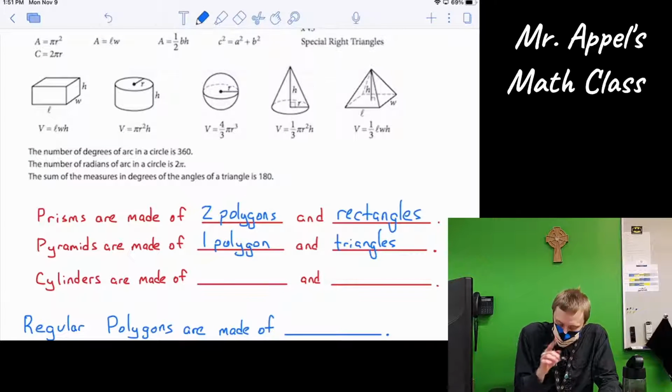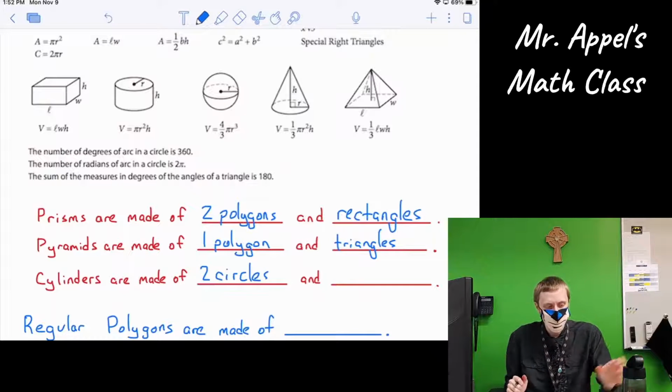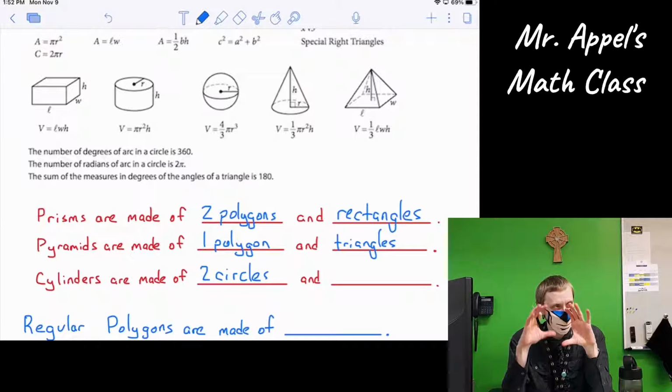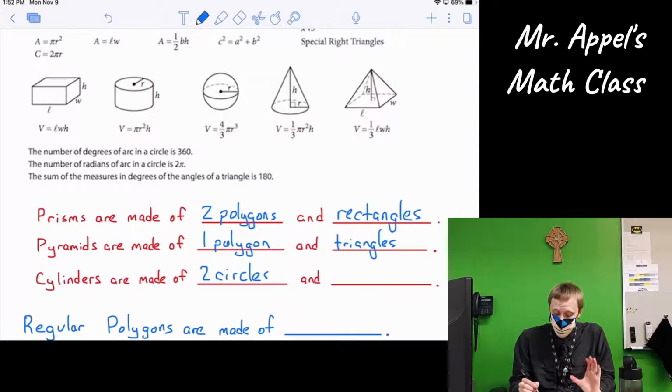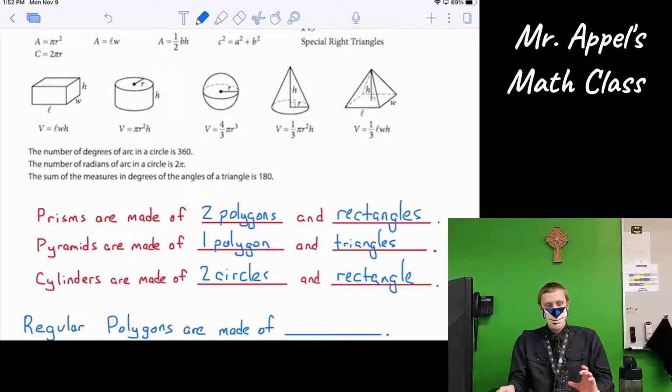Cylinder is a little bit trickier. Cylinder, you have the 2 circles, top and bottom, or end to end, right? But then what goes around, remember soup can label. You peel that piece of paper off, you end up with a rectangle. But here's the catch.